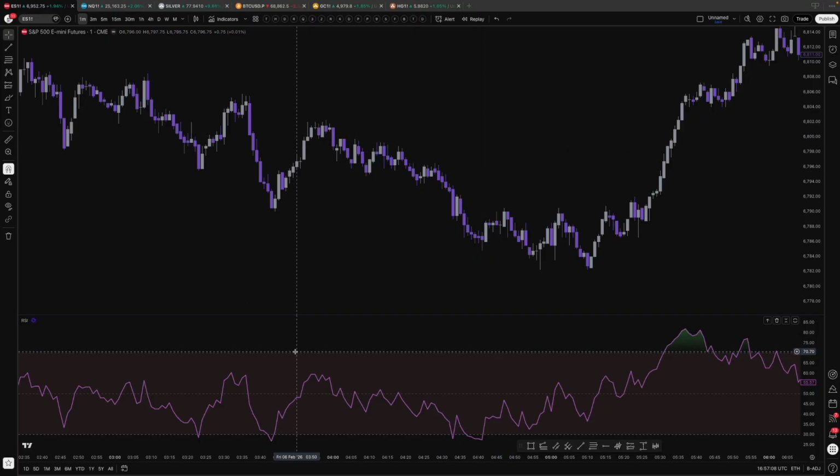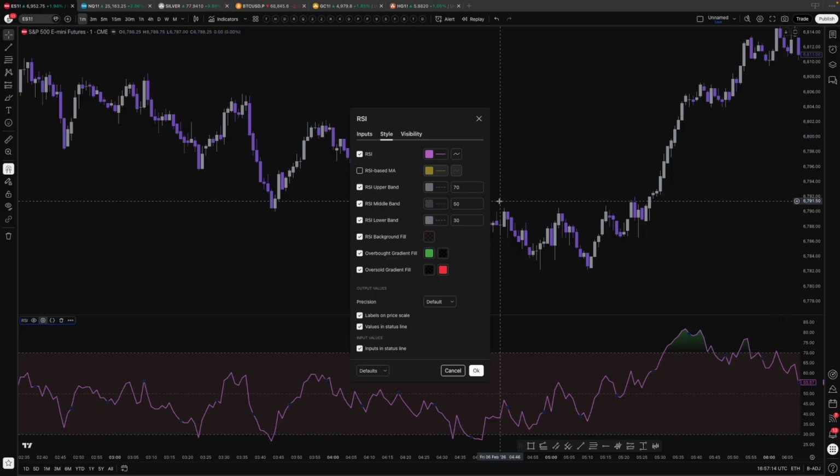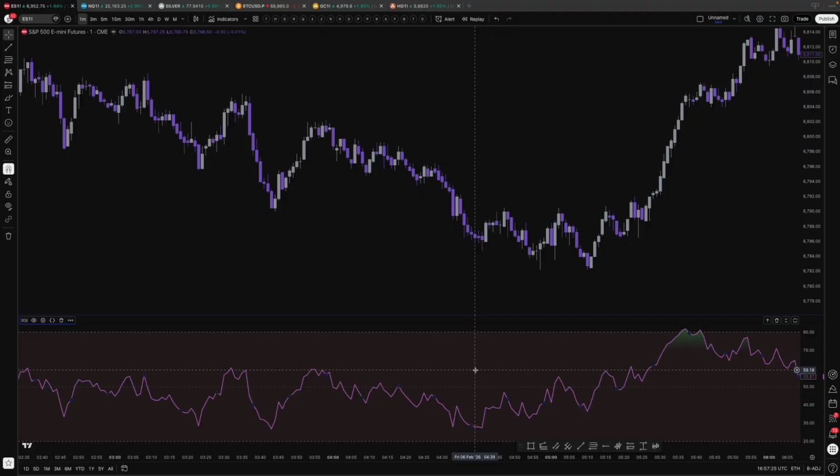But if you're going to be looking for these overbought and oversold sort of ideas, then definitely go into the settings, change your upper band to 80, and your lower band to 20. And what I would suggest is that I do look at the RSI for overbought and oversold, but I do it on a much higher time frame.